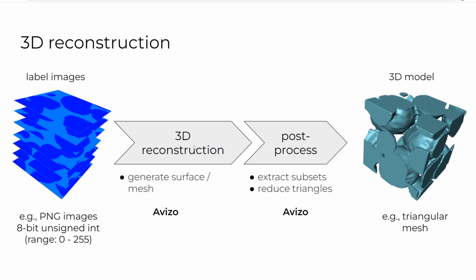So for this part, in the next few minutes, I will show you some more options that you can use in the Generate Surface module, and also show you some options for post-processing the 3D model, such as extracting subsets from the generated 3D model, and also reducing the triangles in case your model gets too big for interactive processing and visualization.